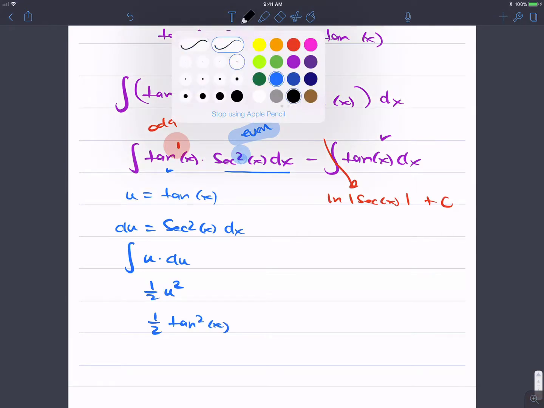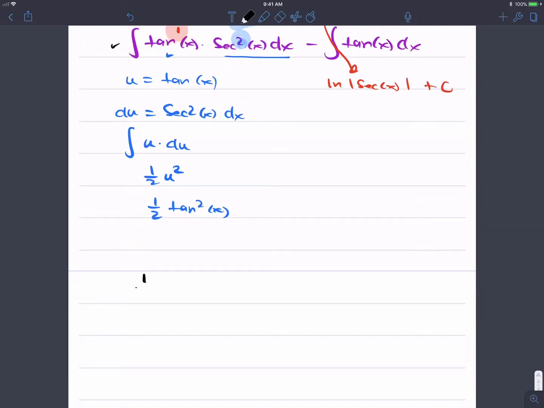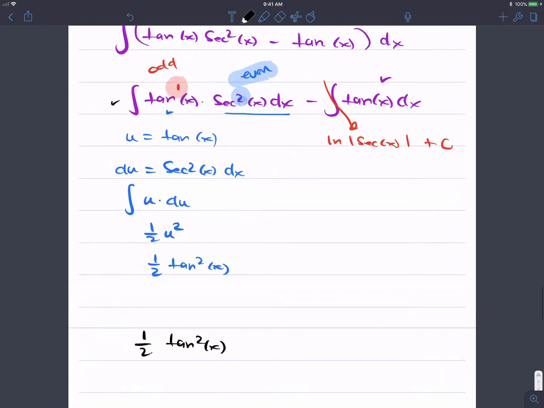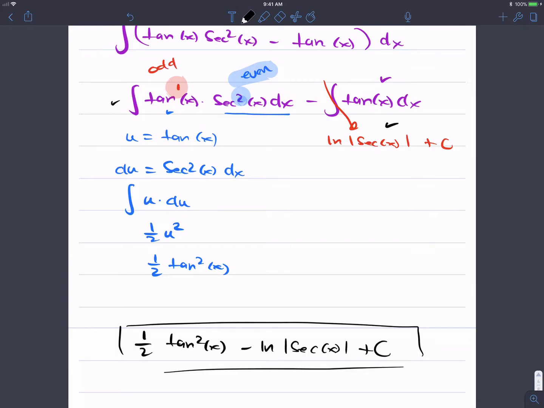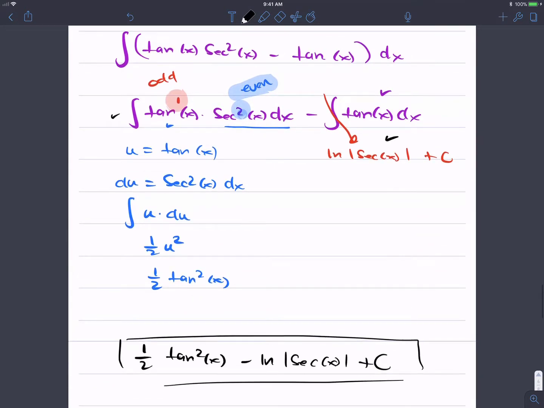So altogether, here's my first integral: 1/2 tangent squared x, and then my second integral, minus the natural log absolute value of secant, plus c. As we go along with our procedures here, it pays to be a little bit awake in terms of what we notice.